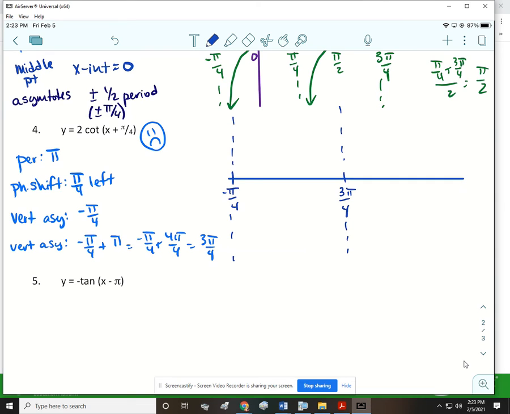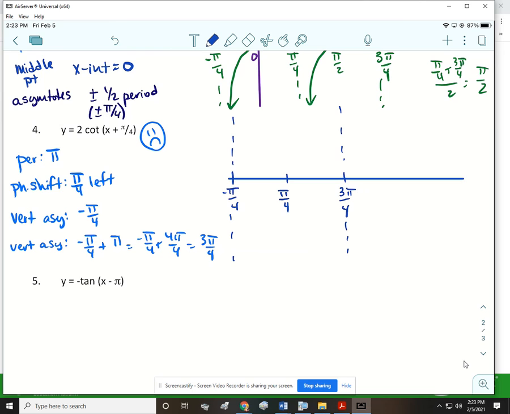Then I need halfway between those. So if I add them together, I get negative 2 pi over 4, negative pi over 2. I'm going to take half of that. I get positive 2 pi over 4, positive pi over 2. I'm going to take half. That's pi over 4.